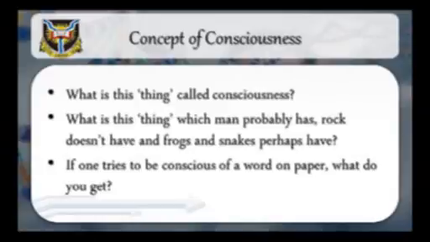If one tries to be conscious of a word on paper, what do you get? All you observe is the word on the paper and nothing more. According to G.E. Moore, using a blue patch as its object of consciousness, the moment you try to fix our attention upon consciousness and to see what distinctly it is, it seems to vanish.